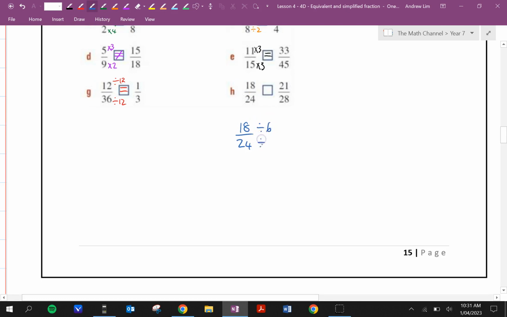I can divide them both by 6. That gives me 3 over 4. And 21 over 28. What can I divide both of them by? I can divide both of them by 7. That gives me 3 over 4. Now, because they are both equal to 3 over 4, they must be both equal to each other.